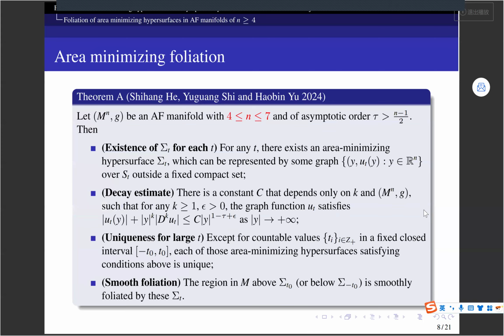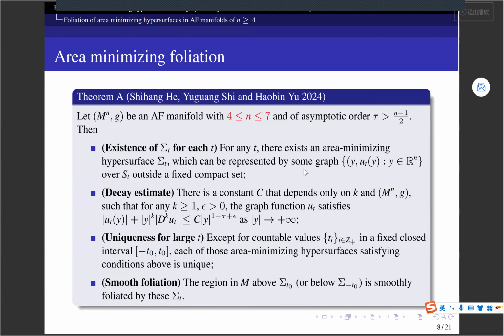Now let me introduce our first main result, which is stated for an AF manifold of dimension n between 4 and 7 with the asymptotic order assumption. Then we are able to show the existence of an area minimizing hypersurface Sigma_T that is asymptotic to a hyperplane S_T.